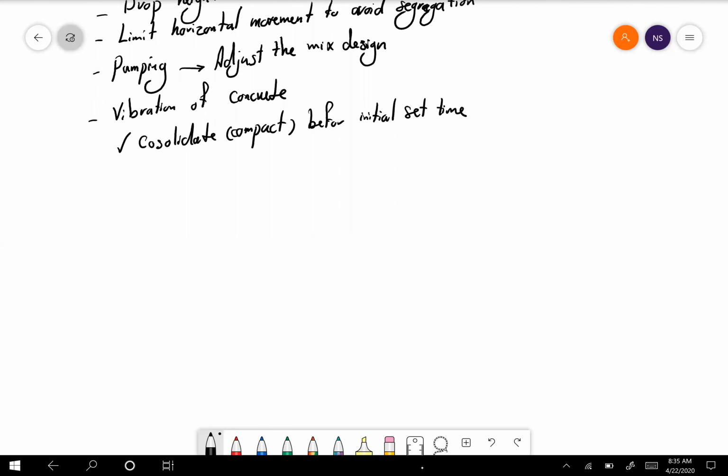So if it's a manual vibration, it's either by tamping or ramming the concrete surface.